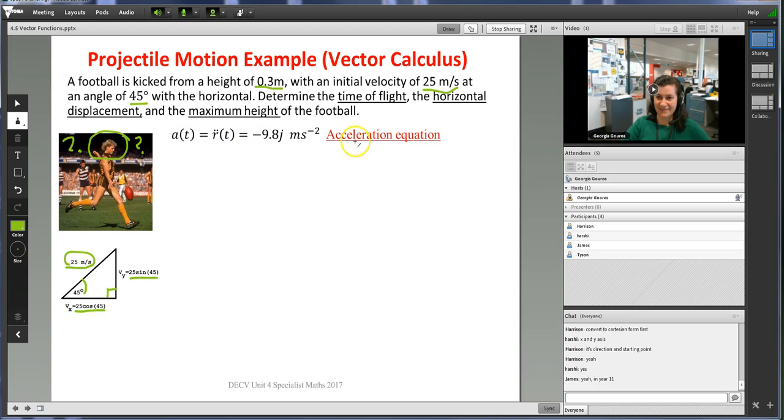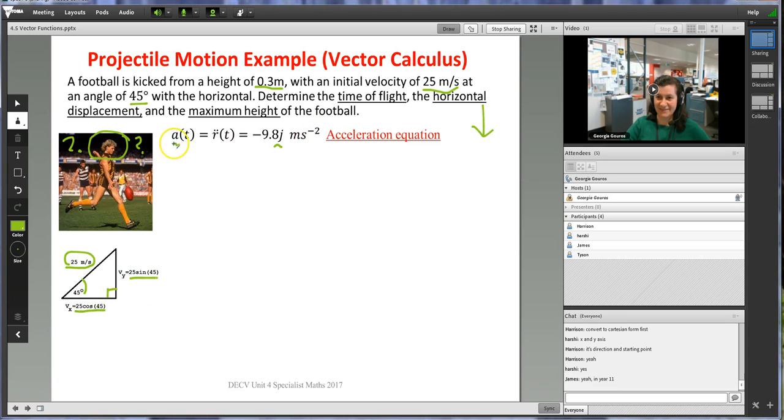We know some things. We know the initial velocity from drawing this quick diagram, and we also know the acceleration vector. The football only experiences acceleration due to gravity, which is negative 9.8 in the j direction, going down towards the Earth, in metres per second squared.